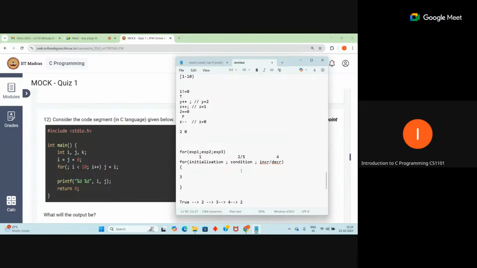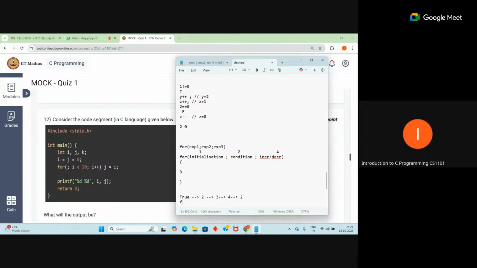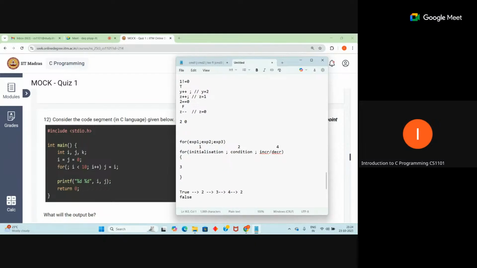So it will be in this loop as long as the condition is true. This loop gets repeated. If the condition is false, it will come out of this for loop.